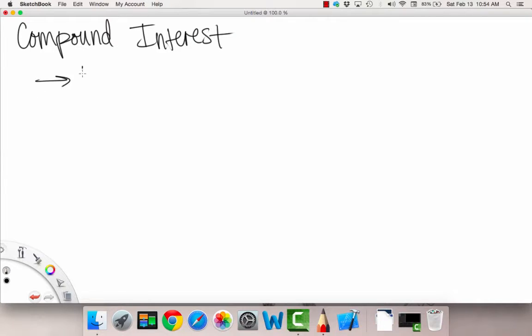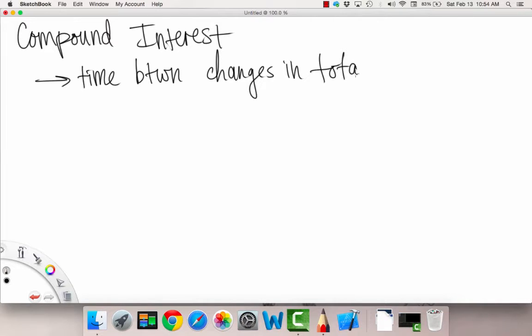So now we're going to explore the topic of compound interest. Okay? So this is when, let me write it down explicitly here, the time between changes in total is shorter than simply 1 year.